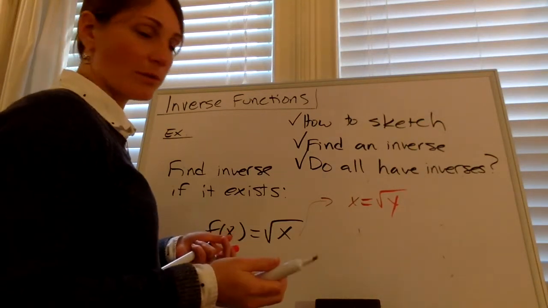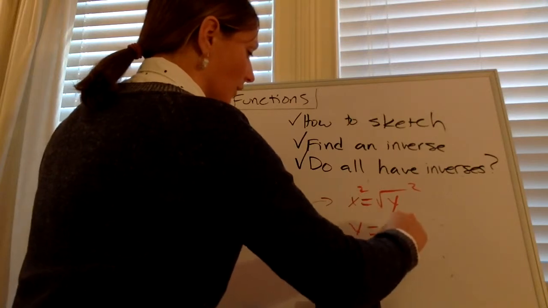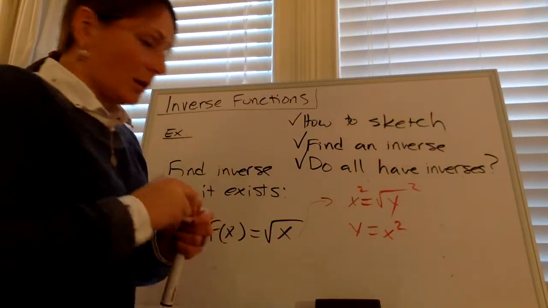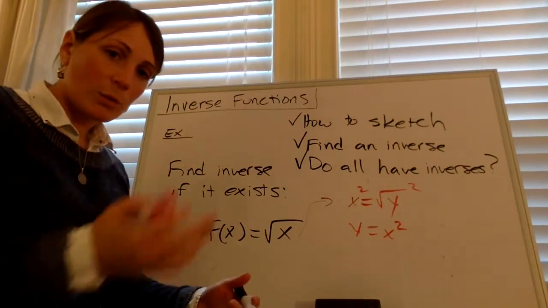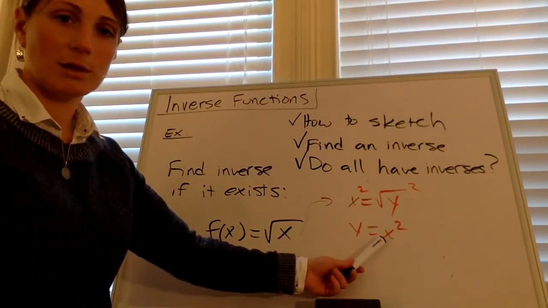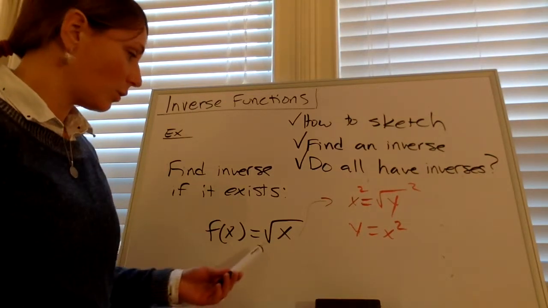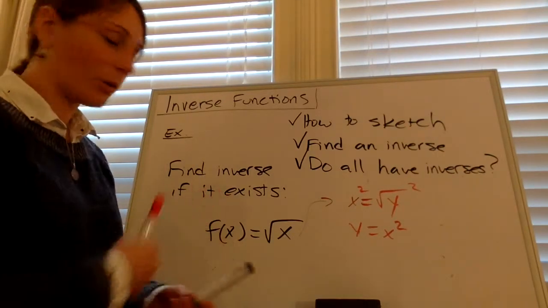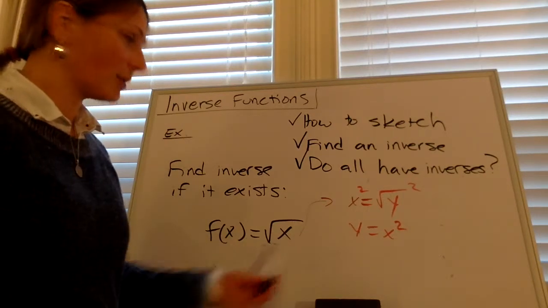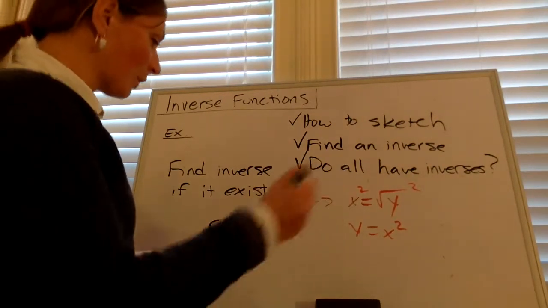And now if I want to solve it for y, I will square both sides and get y equals x squared. So you might be thinking, well, we just established that x squared, this parabola, has no inverse. So why would we be saying the other way around that root x does have an inverse? But let's think about it.